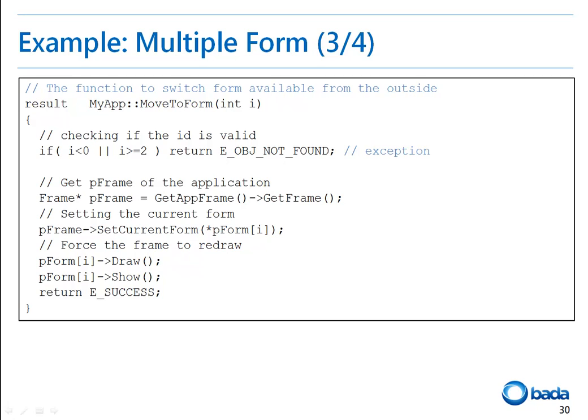Here, I've checked the index range for safety, and if the index is within the range, the frame is acquired from the application. The required form is then assigned as the frame's current form. Then, the draw and show function of the frame is called to reflect the change.